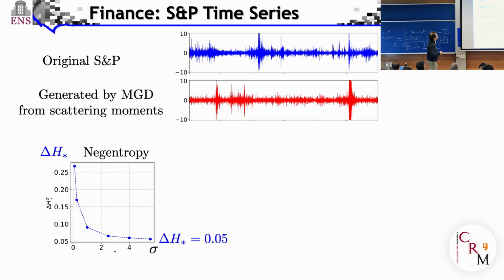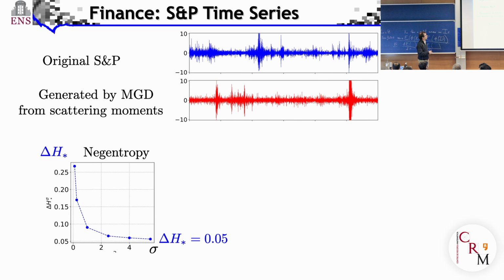This is another example. That's an example from finance. This is the S&P, which was generated from exactly the same kind of wavelet moments. So these are increments of the price of Standard & Poor's.